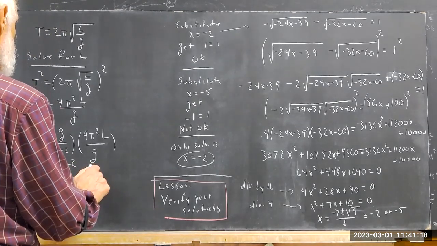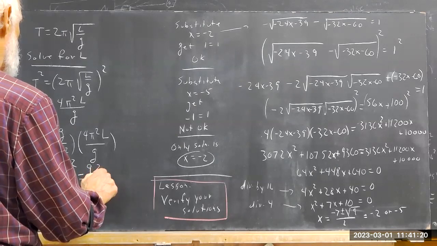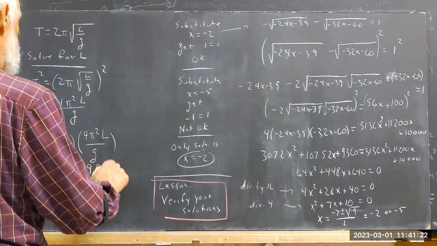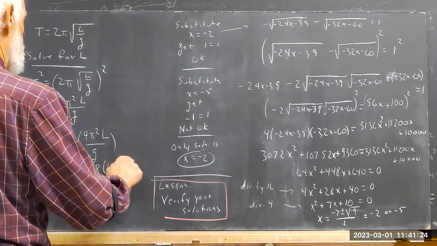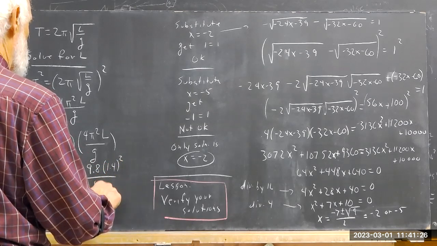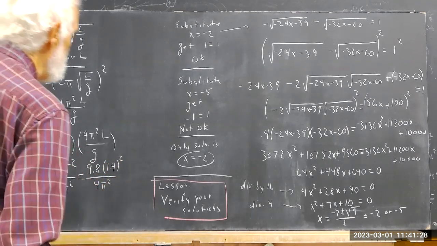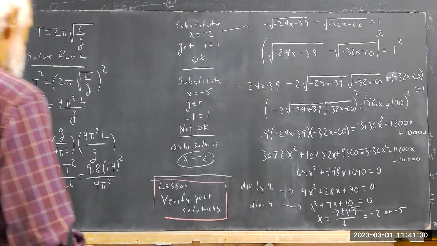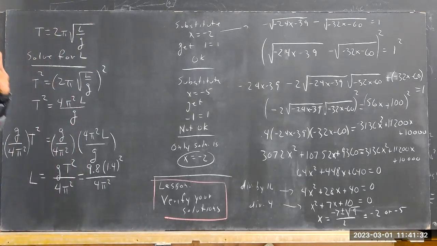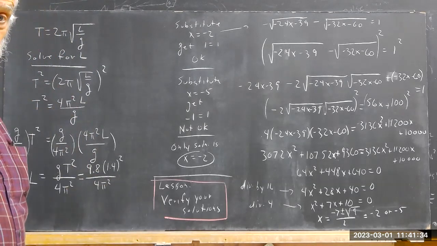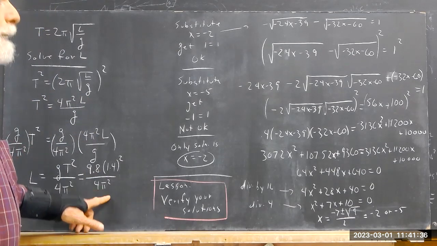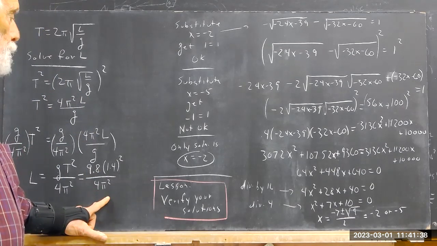So G is 9.8 times 1.4 squared over 4 pi squared. Well, if you do that, 1.4 squared is close to 2. 4 pi squared is close to 40.